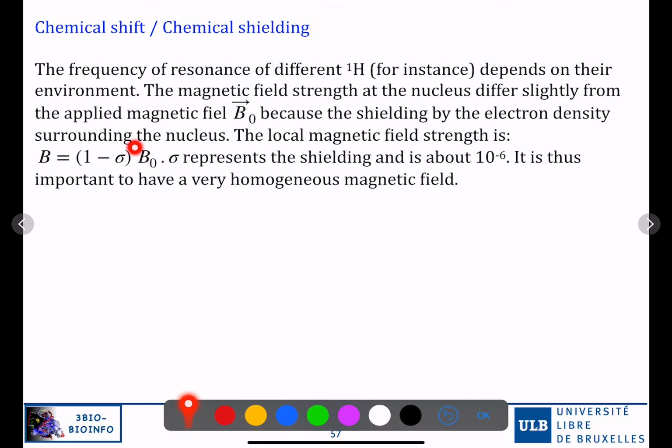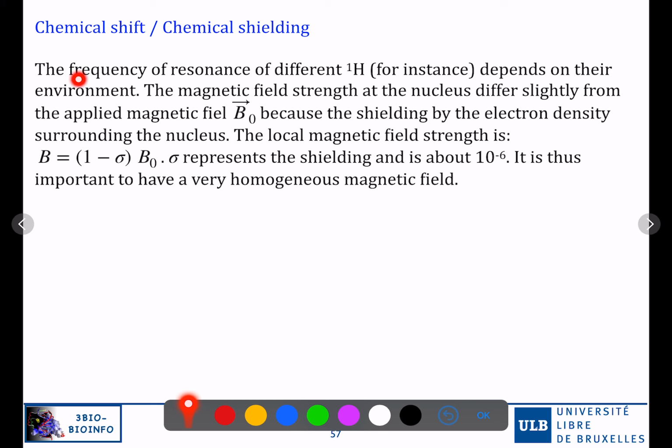And as we have seen previously, sigma represents the shielding and is about 10 power minus 6. So here you see that according to the surrounding, you have a magnetic field that is felt that is slightly different due to the presence of the electrons.